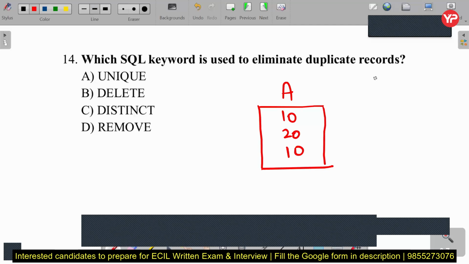But finally, what you want is the distinct values. Then you have to use the word DISTINCT. There is no such word called unique. Delete is something different. Remove is something different. Then eliminate: maybe you think that eliminate means we are going to delete. That's why you might mark the answer as B or D, which is wrong. So we use the DISTINCT keyword in SQL.